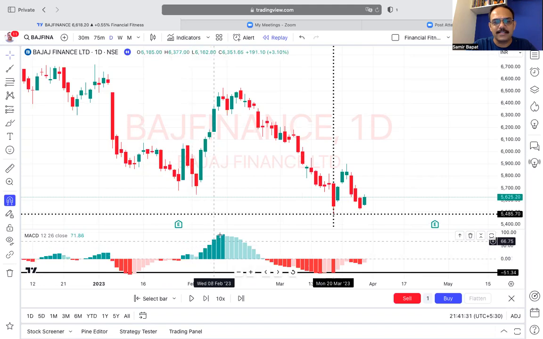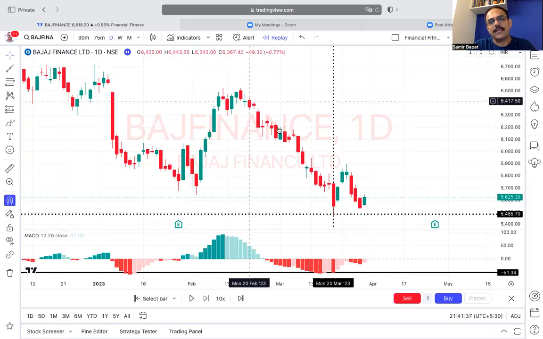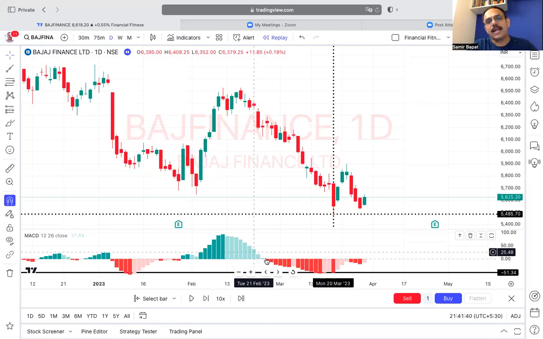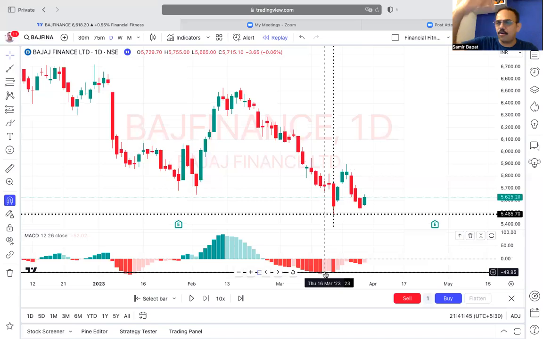The price goes up from here to here, then the histogram starts falling down. As the price falls, the histogram also falls, and then it crosses over to the negative zone, to indicate that it has gone down much further. The zero line as such has no great significance. It's only a histogram sort of thing.